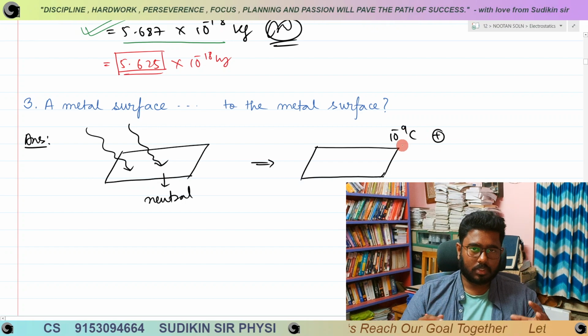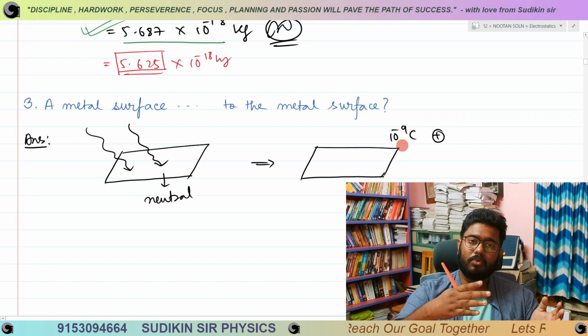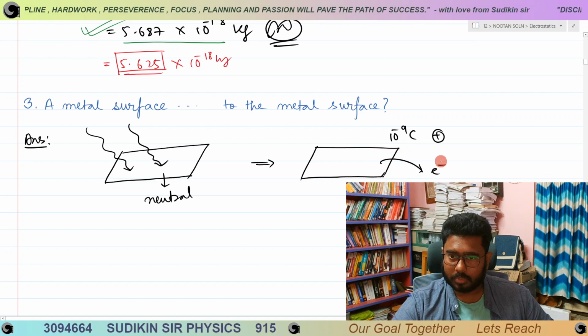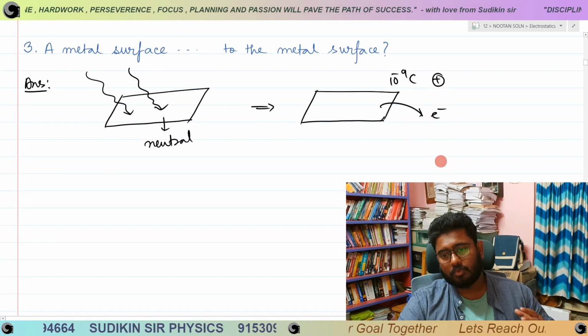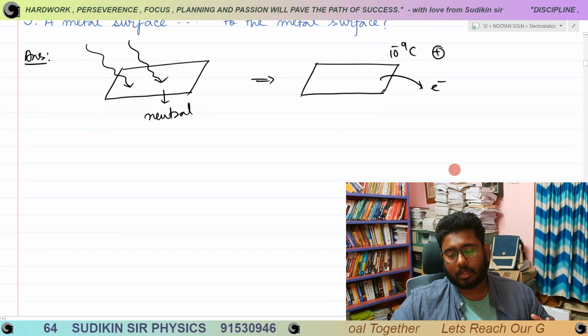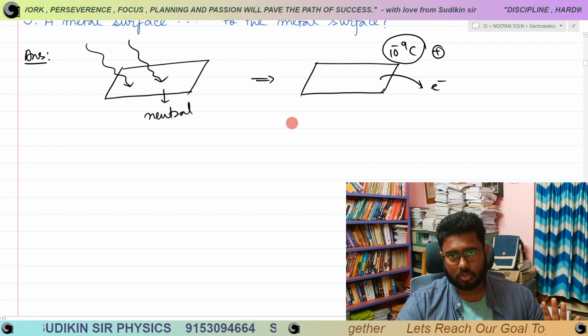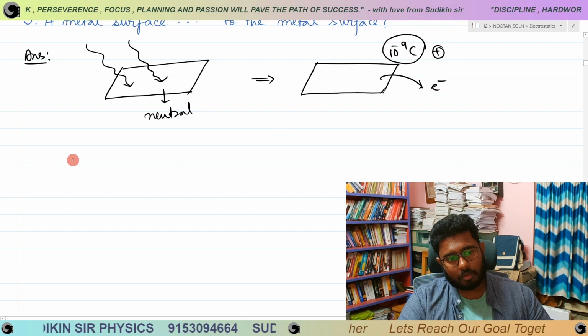Okay, if it is a positive charge, then the first thing is electron is moved away from the plate. If an electron is moved away from the plate, what does that mean? That means that this much amount of negative charge is lost. So we will find out the number of electrons.